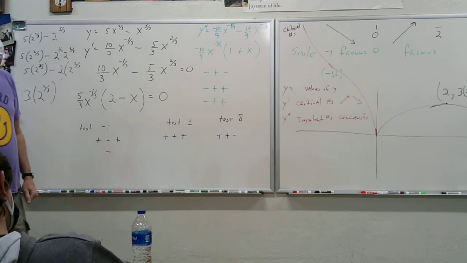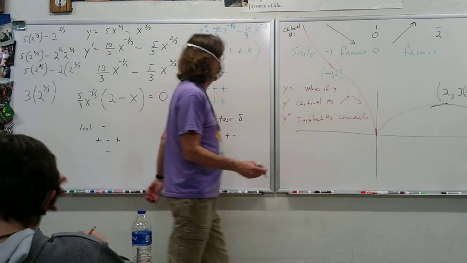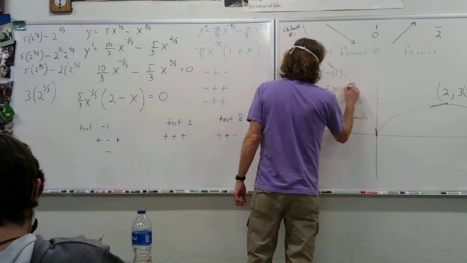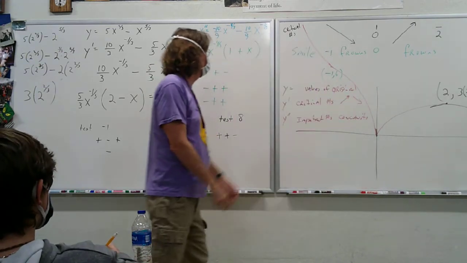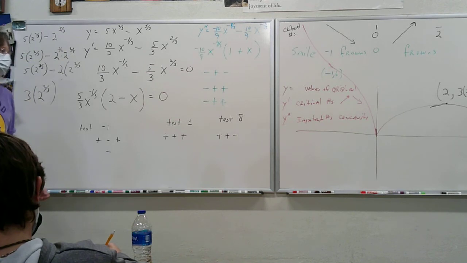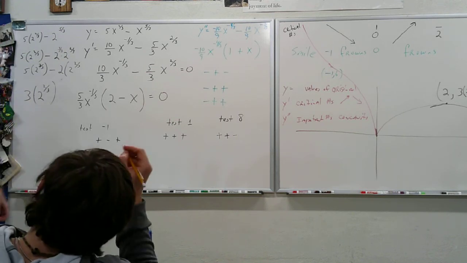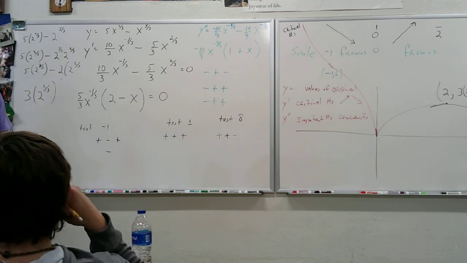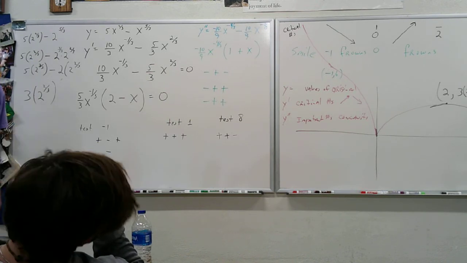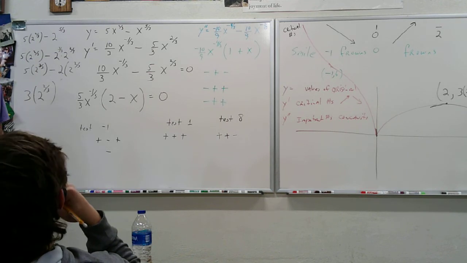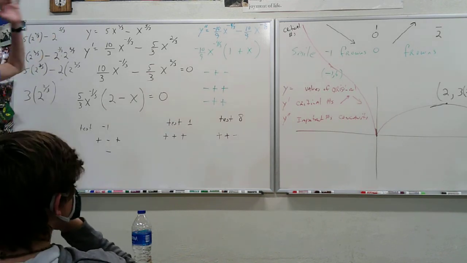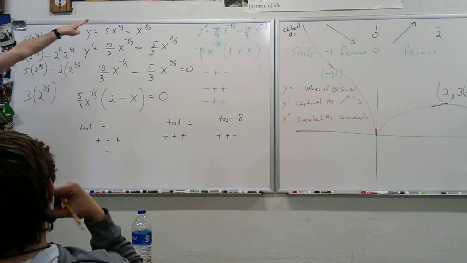If you just want to find a y value, you go to the original. Put the word original down there somewhere. For y values, you go to the original equation. For increasing, decreasing, critical numbers, you go to the first derivative. For anything about concavity, you go to the second derivative. If you find a really important number in concavity and you want to know its y value, where do you always go? You go back to the original.